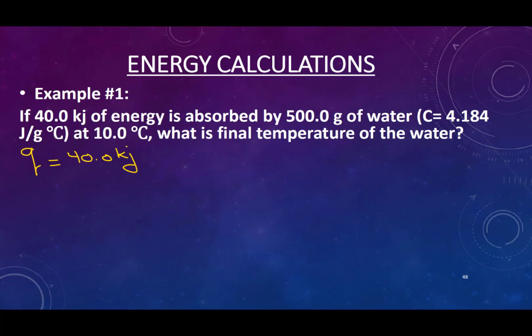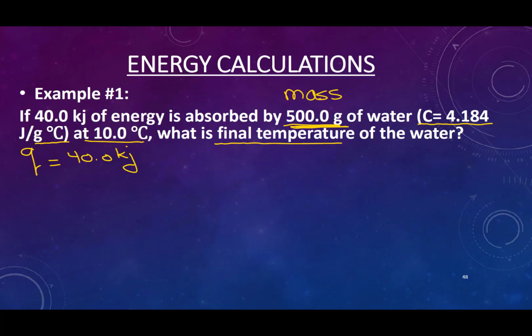You have the mass, which is in grams. You were given the specific heat capacity. You know the initial temperature, and what you need to find is the final temperature.